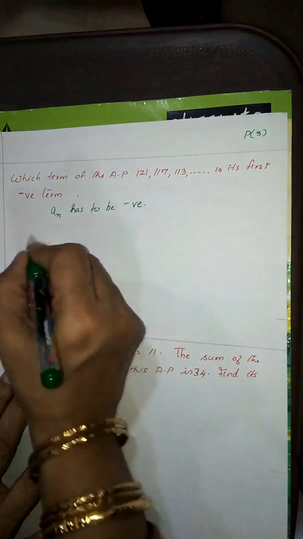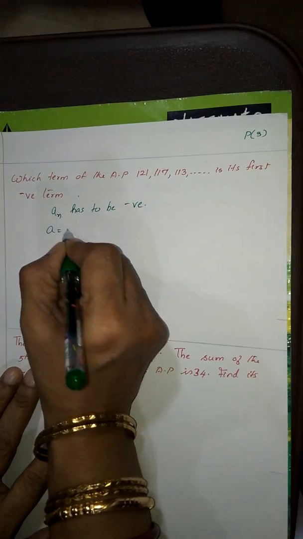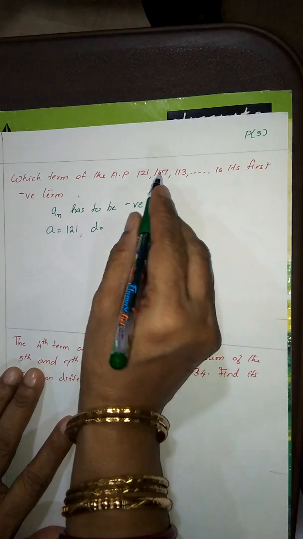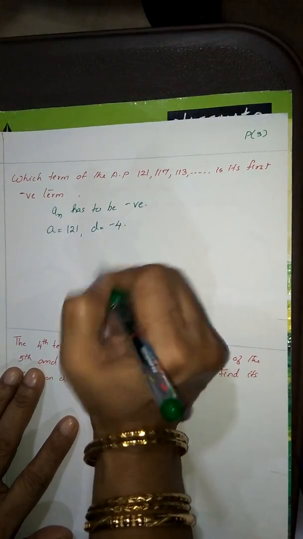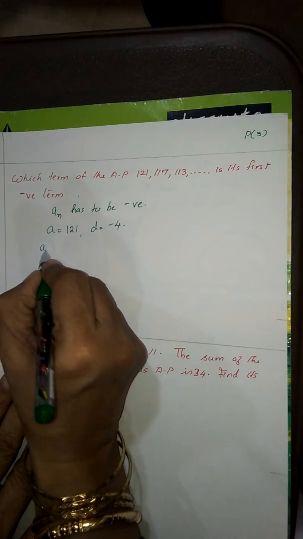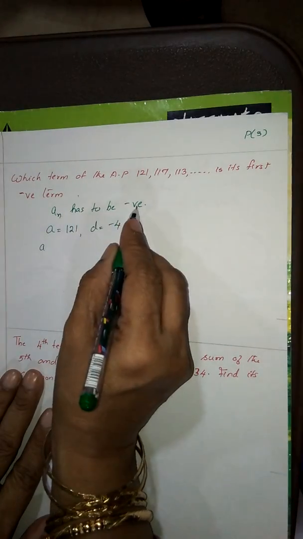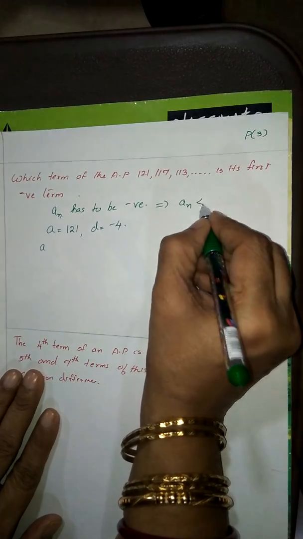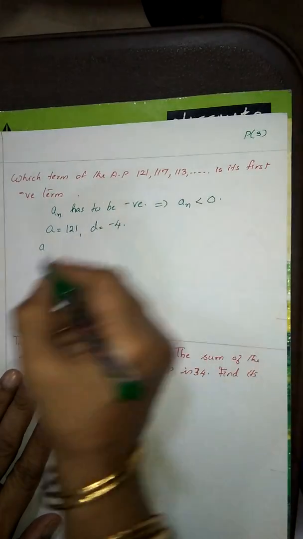So we have to find the n in this. So first we'll write, what is given? A is equal to 121. D is equal to minus 4. We'll find An, so An has to be negative. That means An is less than 0.